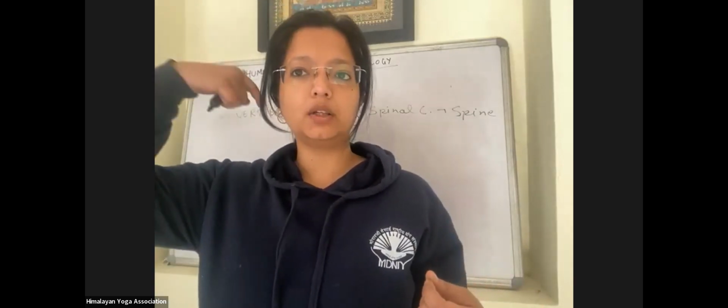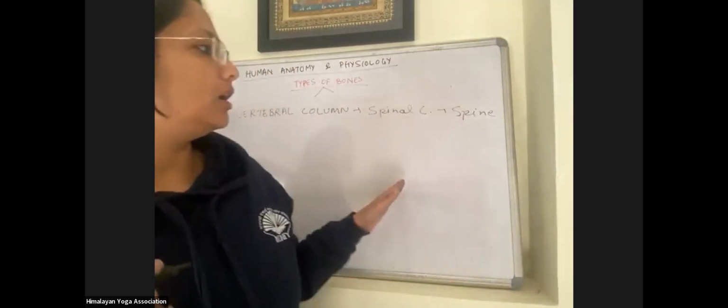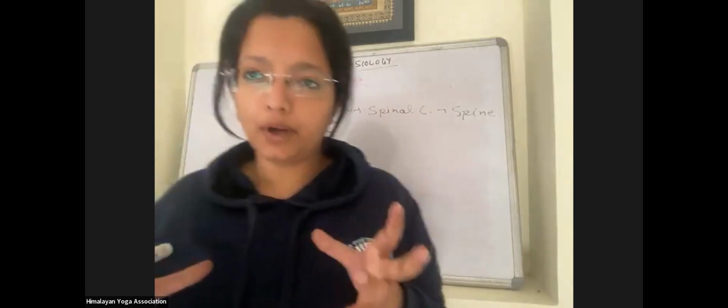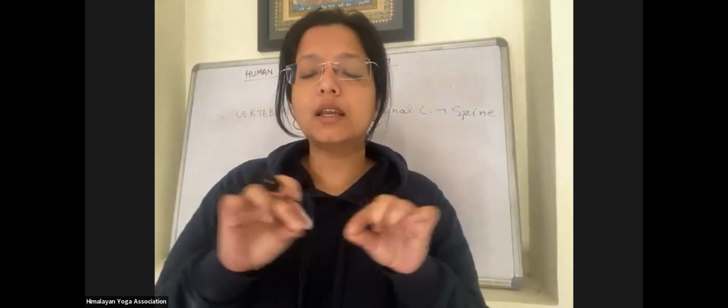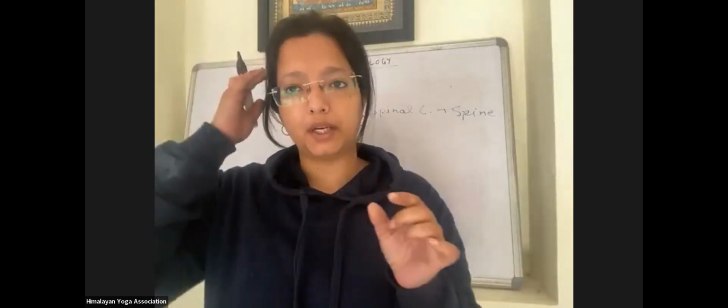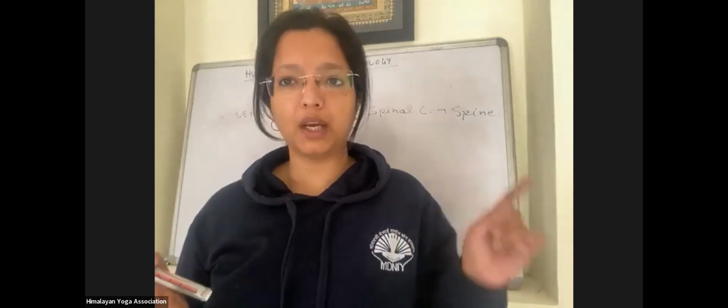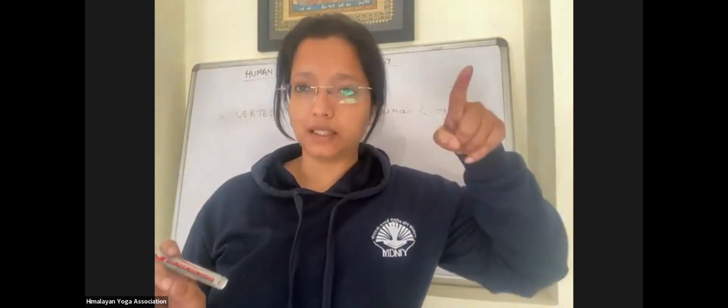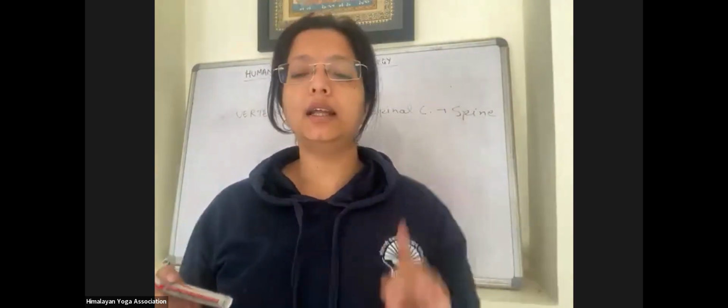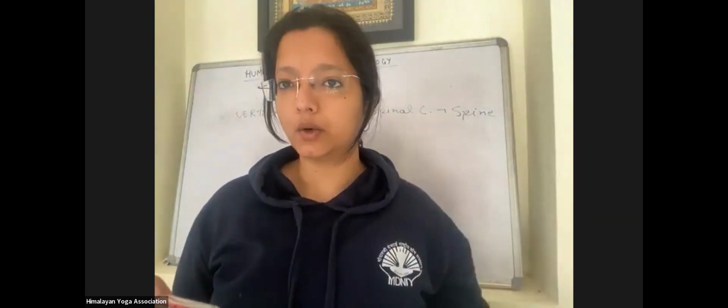The spinal cord starts from the brain and reaches the hip region, and it is an extension of the brain. It works like a personal assistant to the brain. If the brain is busy in some other work, it delegates its work to the spinal cord.